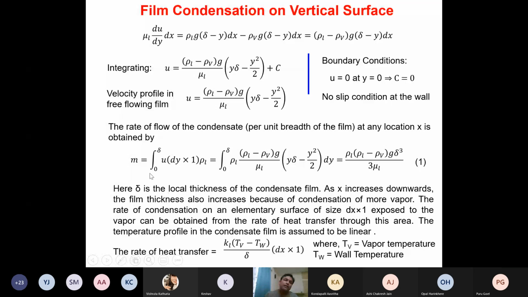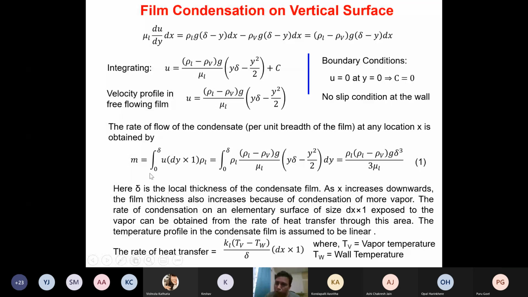Okay. Now again, in this case, the delta is the thickness of the condensate film at that particular location x. As x increases downward, the same argument applies: as we move from x equals 0 to any value x in a downward direction, more and more vapor is getting condensed, and therefore the thickness of the film is going to increase, isn't it?